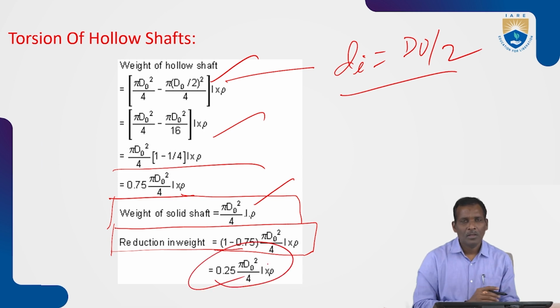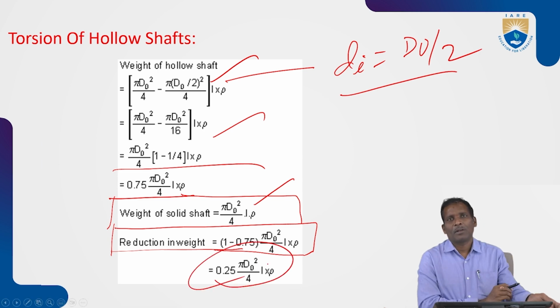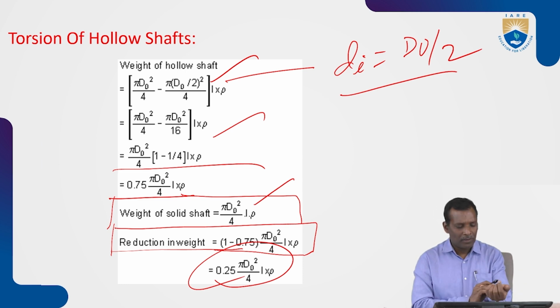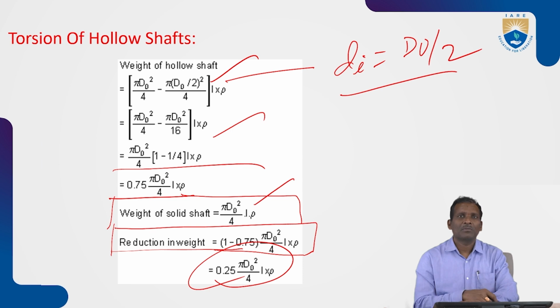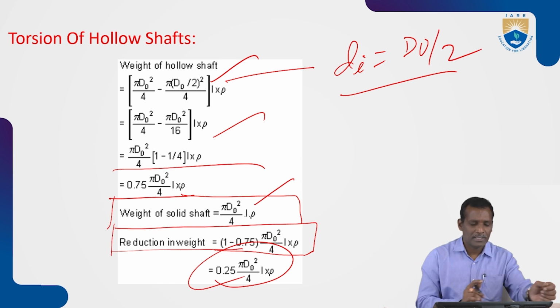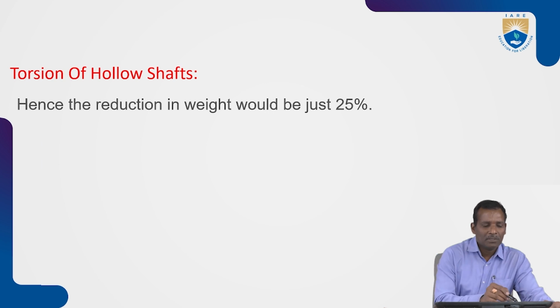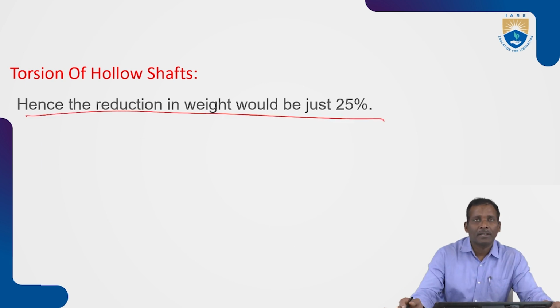So now finally we will get 0.25 pi d naught square by 4 multiplied with L into rho, the density. In the torsion of hollow shafts, hence the reduction in weight would be just 25%.